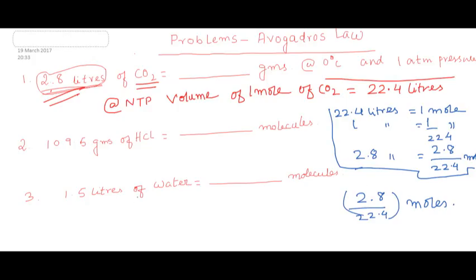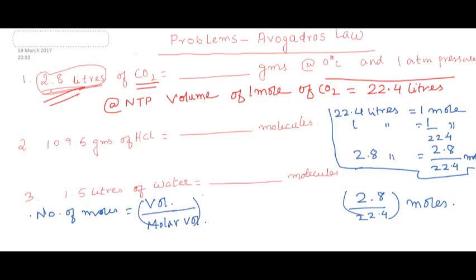That is basically the volume given. So number of moles, if I write it over here, moles is equal to volume by molar volume.